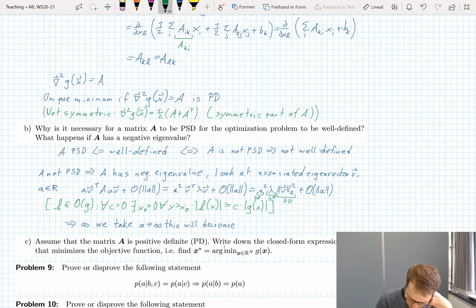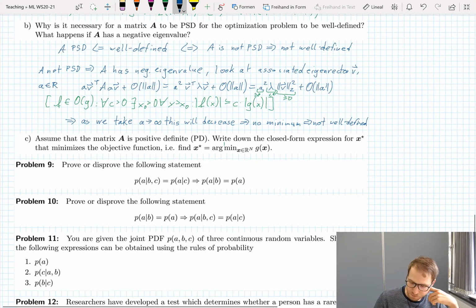So in total, this is smaller than 0, right? And then as we increase a, the whole thing will decrease. And therefore it doesn't have a minimum, no minimum. And therefore not well defined. Okay.